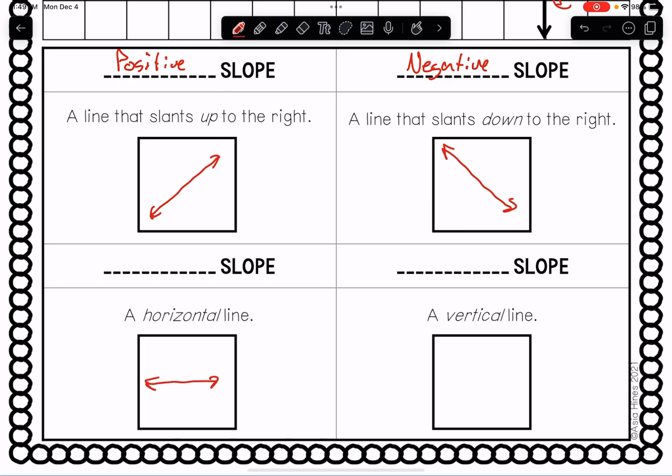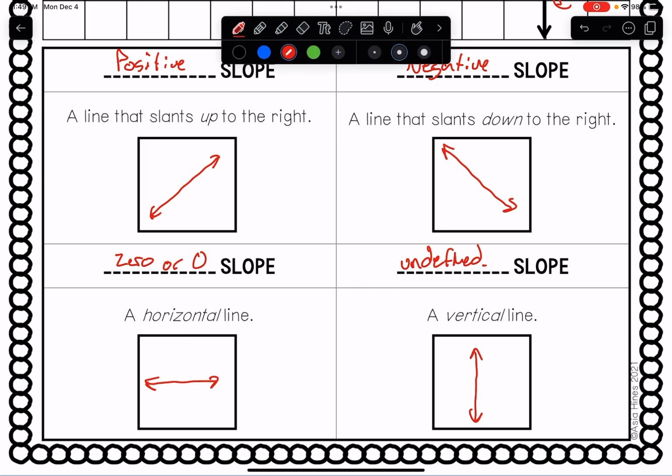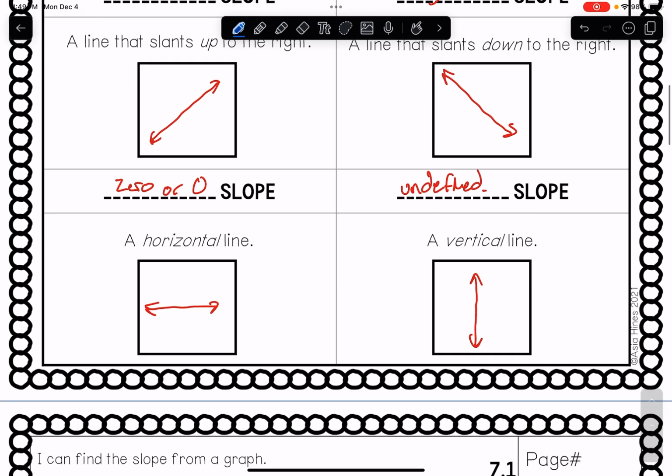It's not growing or decreasing. So in the middle of positive and negative is 0, or like we said, we can write the number. And then a vertical line straight up and down is what we call undefined. Once we get a little bit further on the next page, I will revisit this and show us why we call that undefined and what it means.